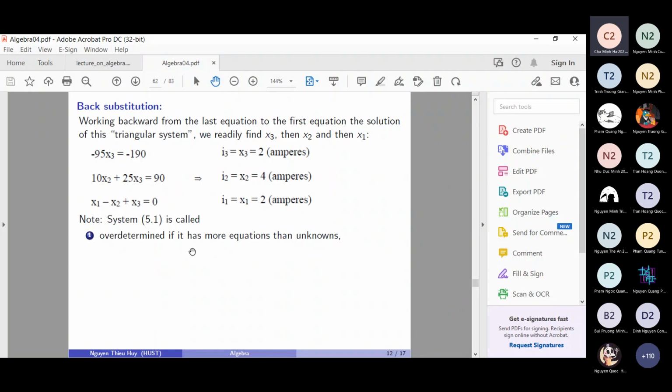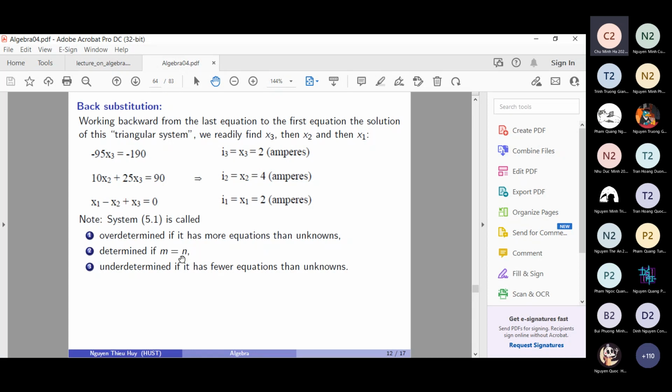If the number of equations and the number of unknowns are the same, so m equals n, then system 5.1 is called determined. And the last case is if it has fewer equations than unknowns, then we call it underdetermined.